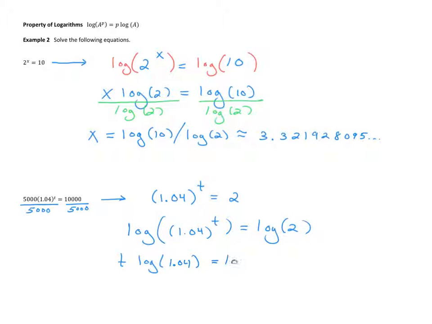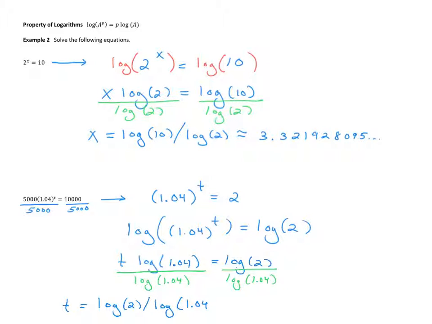And this is equal to log of 2. To solve this equation for t, I'm going to divide both sides by log of 1.04. And this is my exact solution. t is equal to log of 2 divided by log of 1.04.